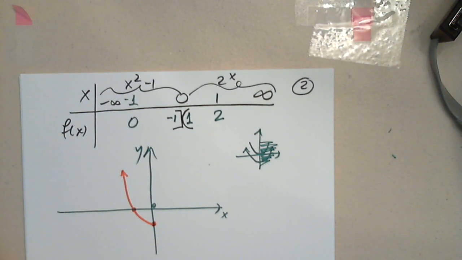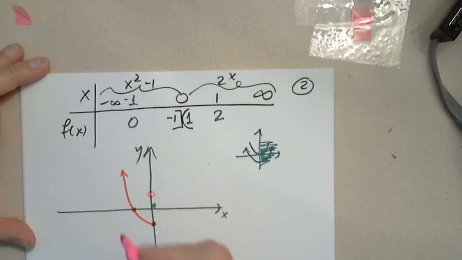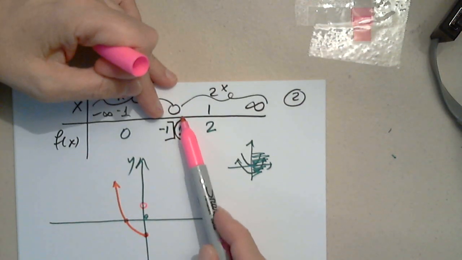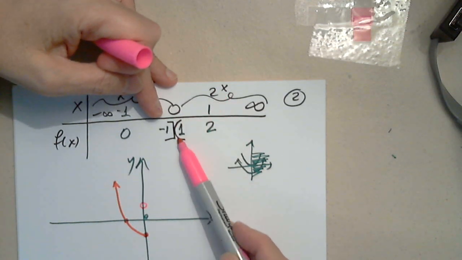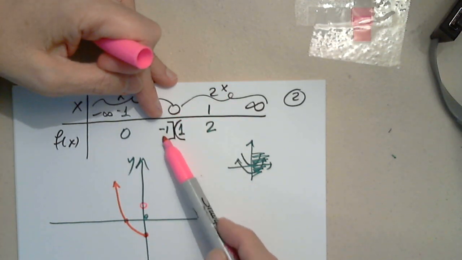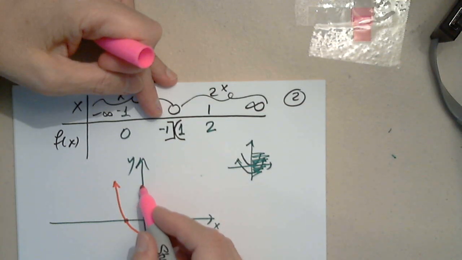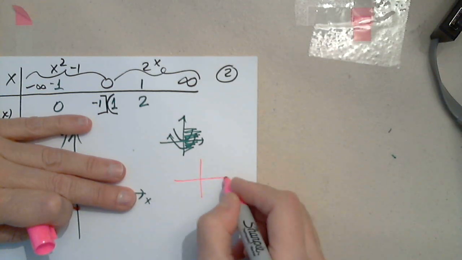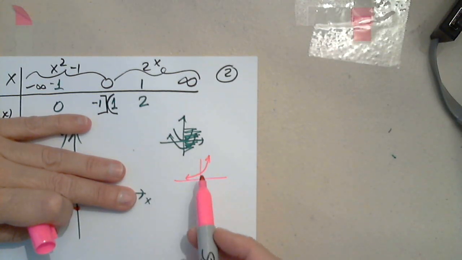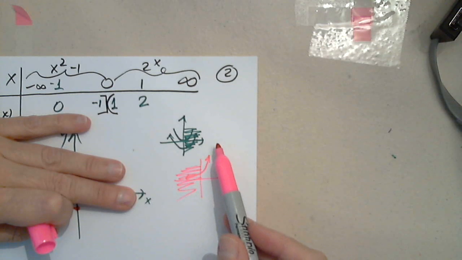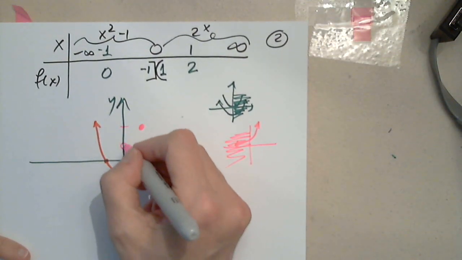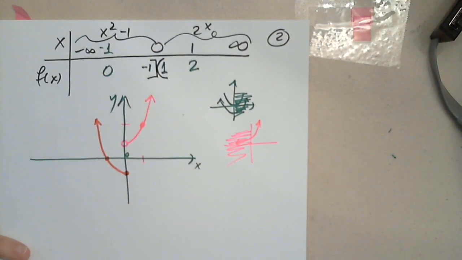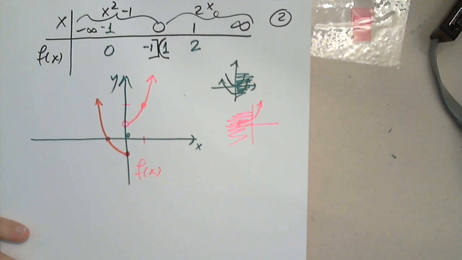On the other side, at 0 it is 1, but it's an open point because I was not even allowed to plug in 0 here. 0, 1 will be an open point because the other one is a full point. And at 1, it's 2. I know how to graph 2 to the x. It looks like this, but I can only graph this part. So here's the graph of f of x.